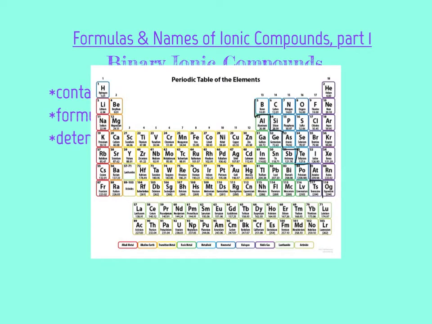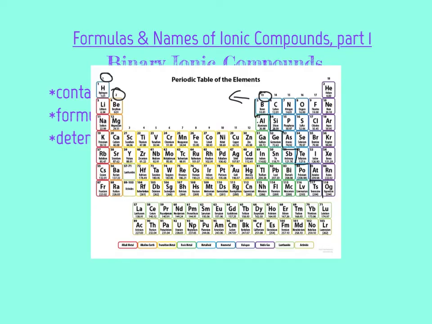All right, here is that periodic table yet again. So we will be looking at binary ionic compounds, and that will consist of elements that are in group 1, group 2, and group 3, but on this side of the staircase.